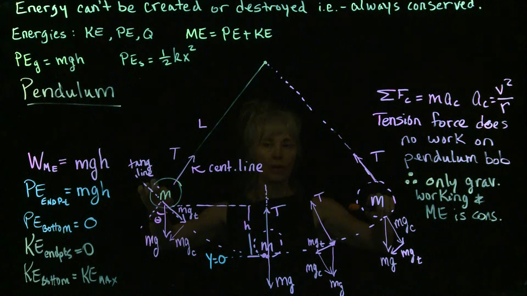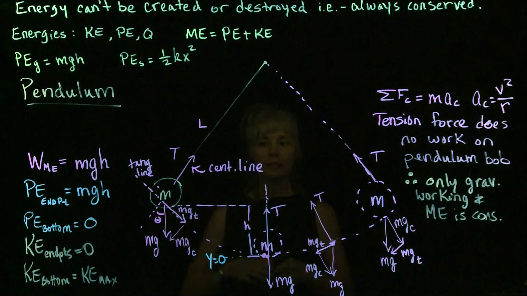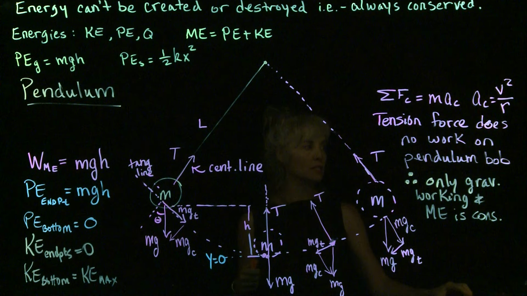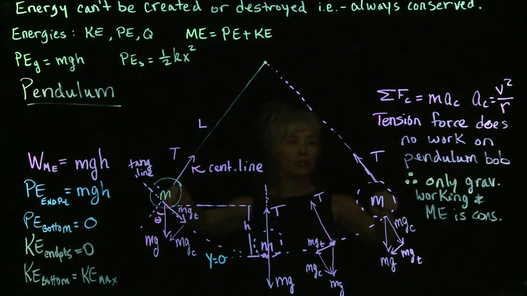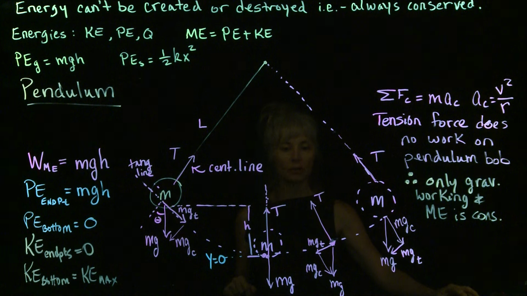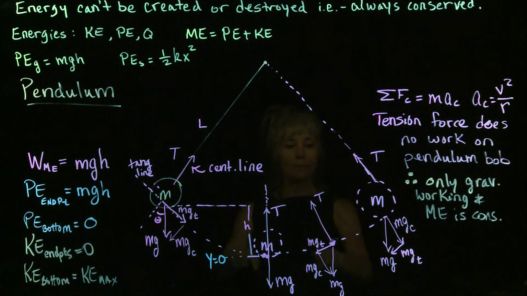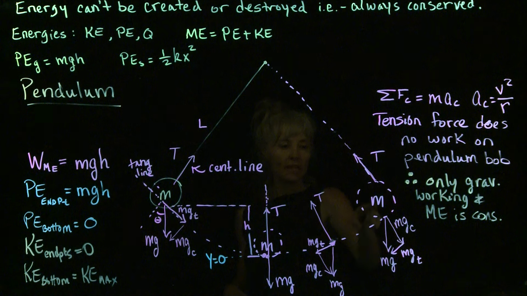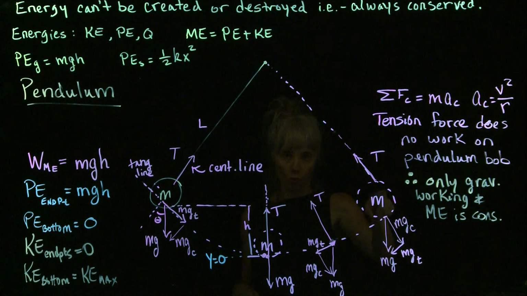So these 2 endpoints, all of the system's mechanical energy is in the form of potential energy. Down here at the bottom, all the system's mechanical energy is in the form of kinetic energy. And then in between these endpoints and the bottom, the energy is in both forms, potential and kinetic energy.